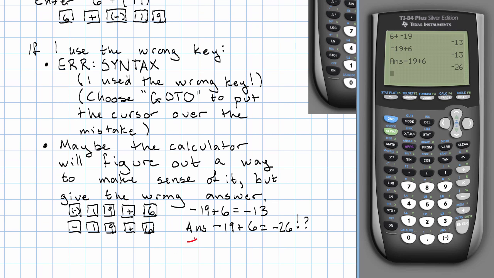This ANS, it's just going to throw in whatever answer we got the last time we did something. That's almost never going to be what we want. And yet the calculator didn't give us an error message. So be careful that when you intend to enter a negative number, you use the negative sign.